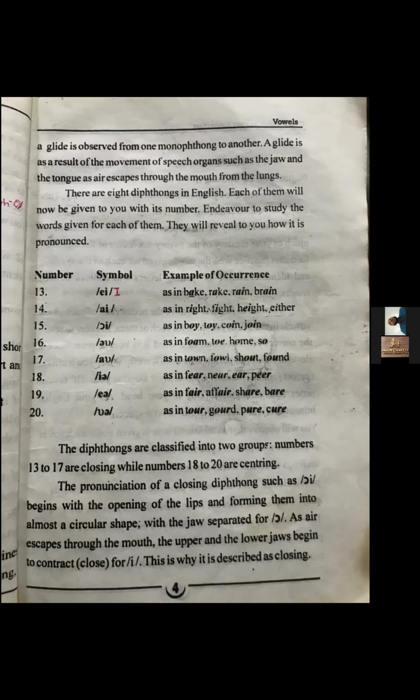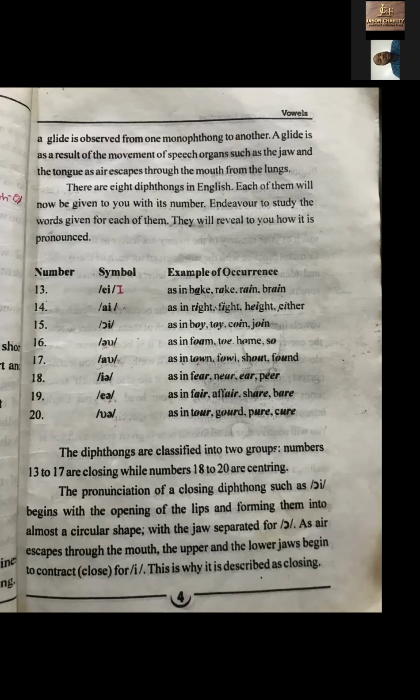So it's possible for you to notice that the sound can be found at the beginning of the word, as in E-A-R. And also it can be found at the end of a word in other examples I'll be mentioning. But for this example that is listed, we can see that it can be found at the medial position.